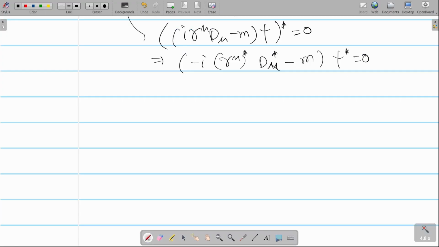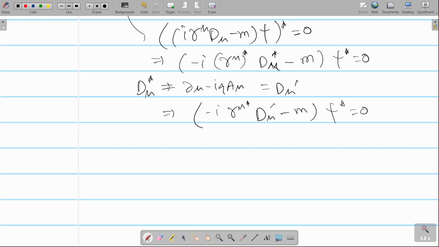All right. But notice one thing, that D mu star is nothing but del mu minus i q A mu, right? And this is basically D mu prime. So we end up with gamma mu star del mu prime minus m acting on psi star, which is 0.